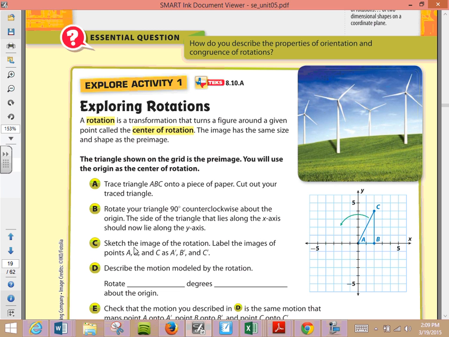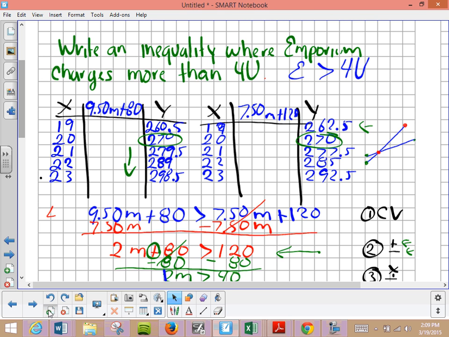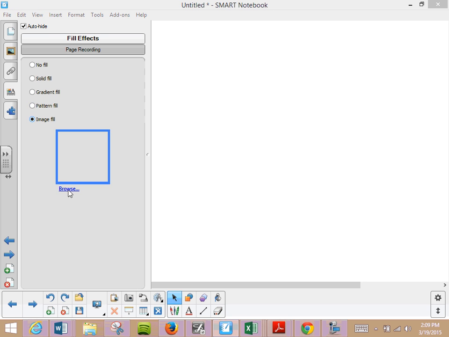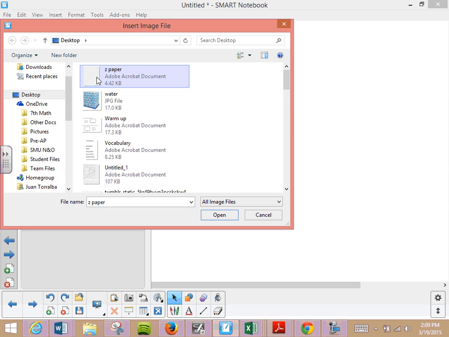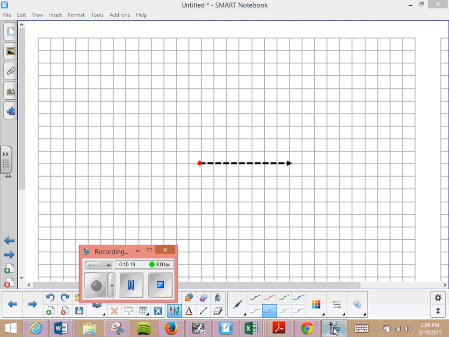The other thing that I want to review very quickly is what rotation means in terms of angles. If I have this right here, and I'm going to call this the center of rotation. Hang on, let me grab something.